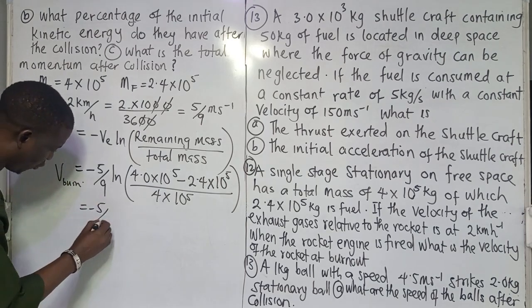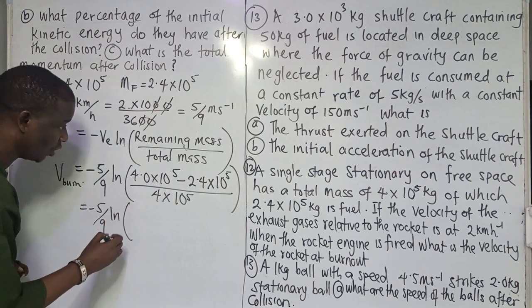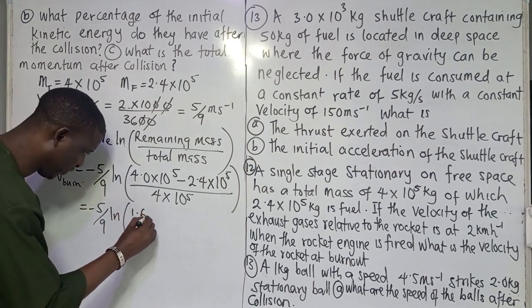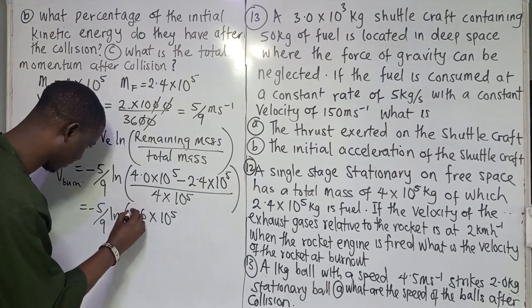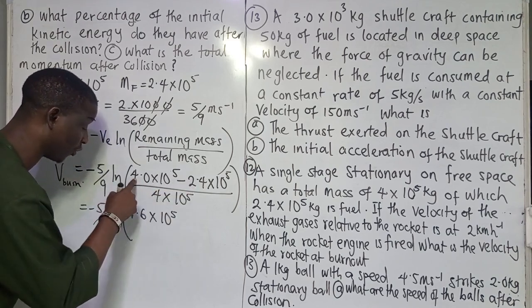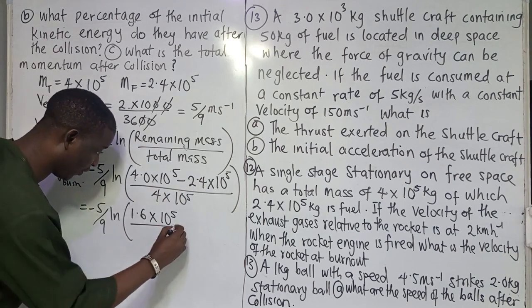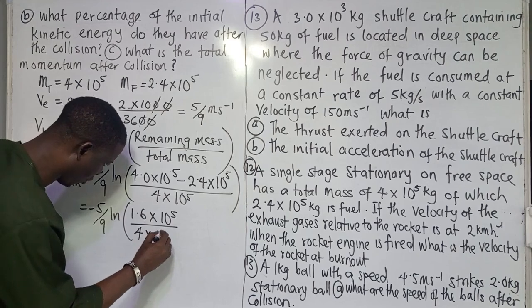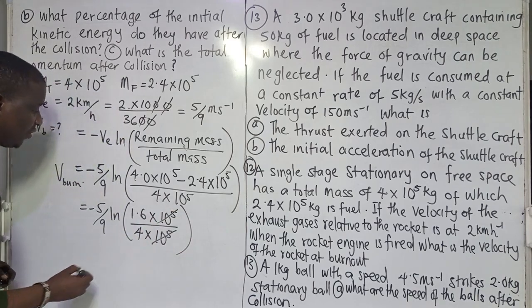We would have minus 5/9 ln of 1.6 times 10 power 5 over 4 times 10 power 5. 4 minus 2.4 equals 1.6. This one will cancel this.